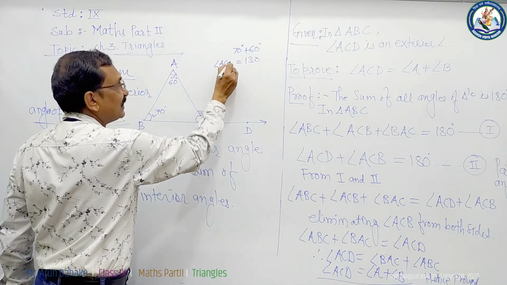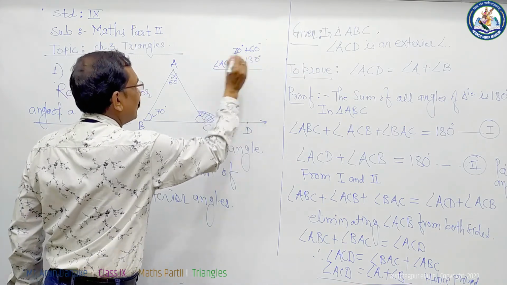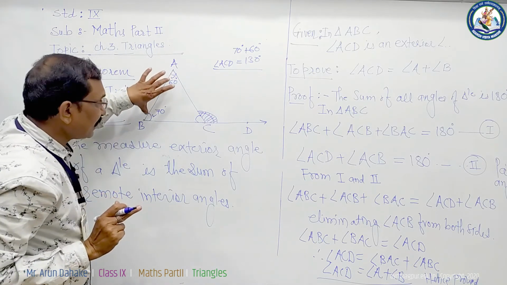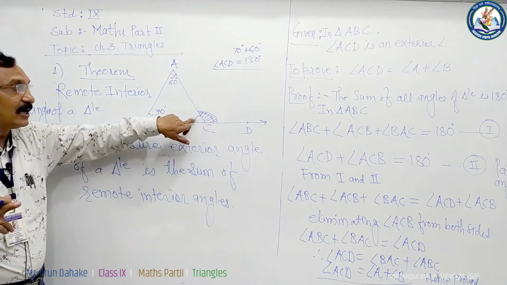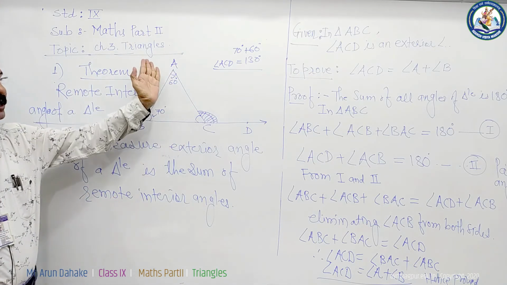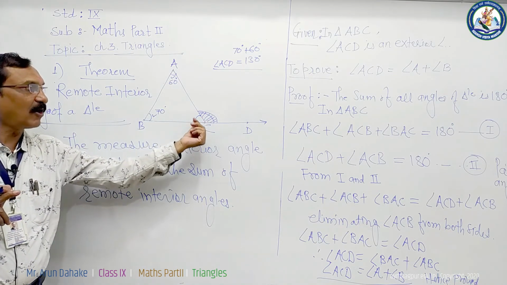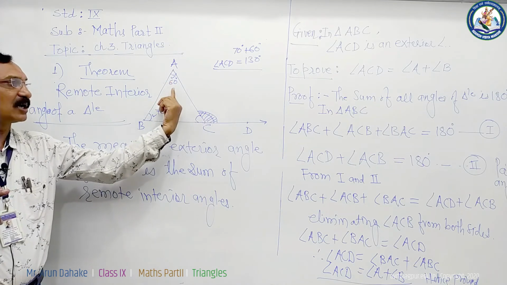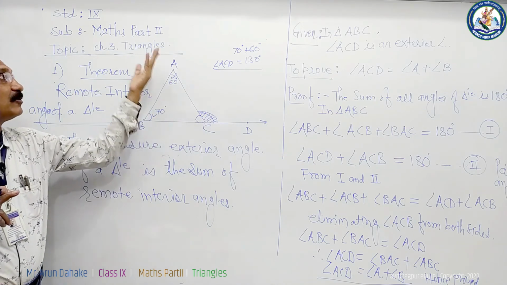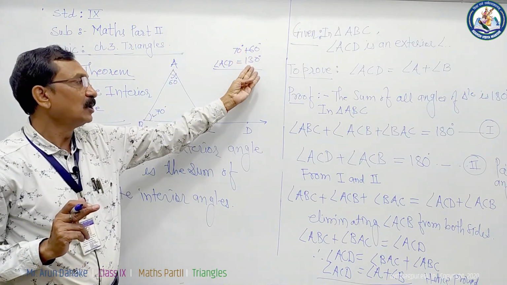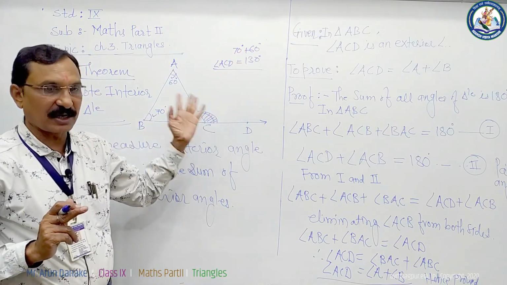Angle ACD is always equal to the sum of its remote interior angles. C is also an interior angle, but these two are the remote interior angles, not this one. This one forms the linear pair. So the sum of these two angles is equal to the measure of the exterior angle.